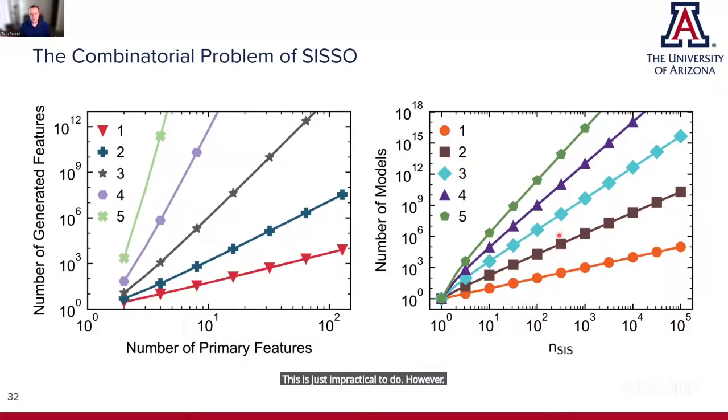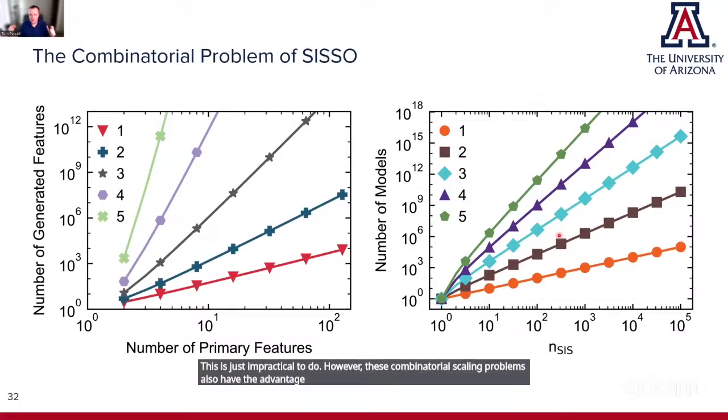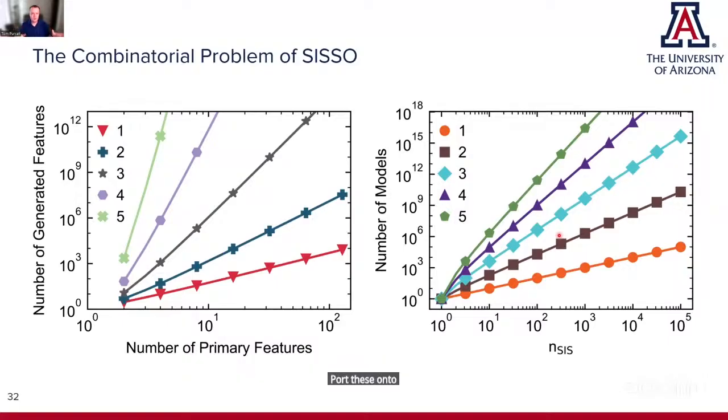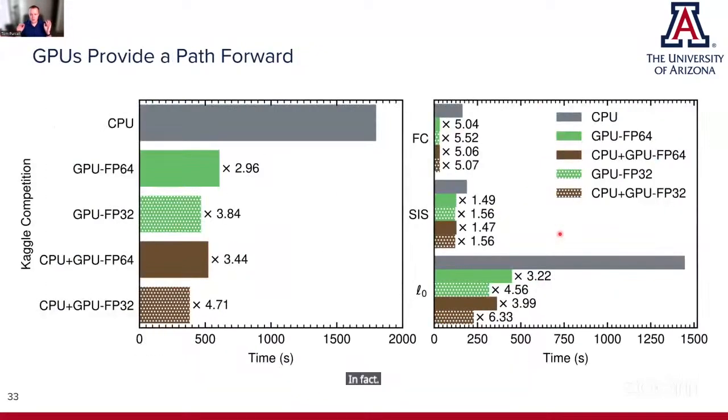However, these combinatorial scaling problems also have the advantage that it's very easy to port them onto GPUs to restrict the amount of time we take in numerical parts of the code. In fact, let's look at a case that we purposely designed to be the least numerical.